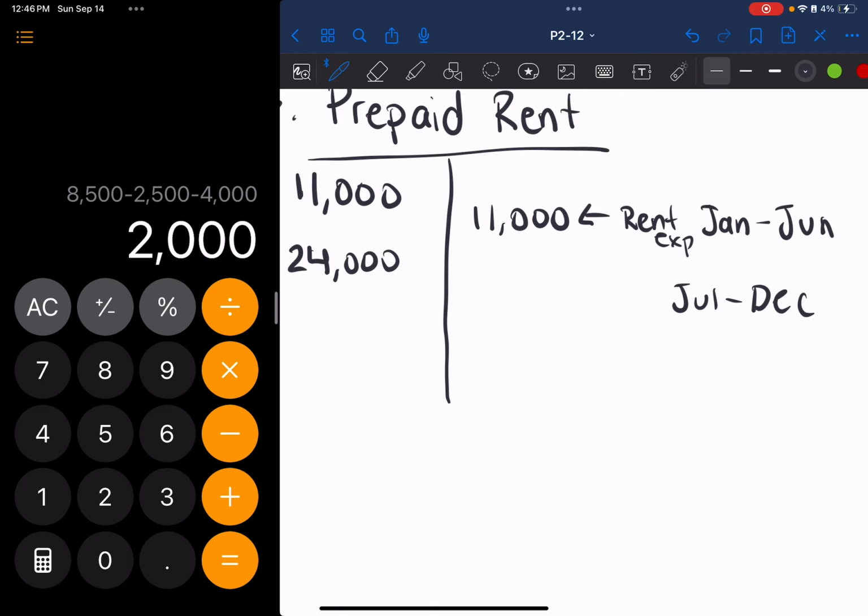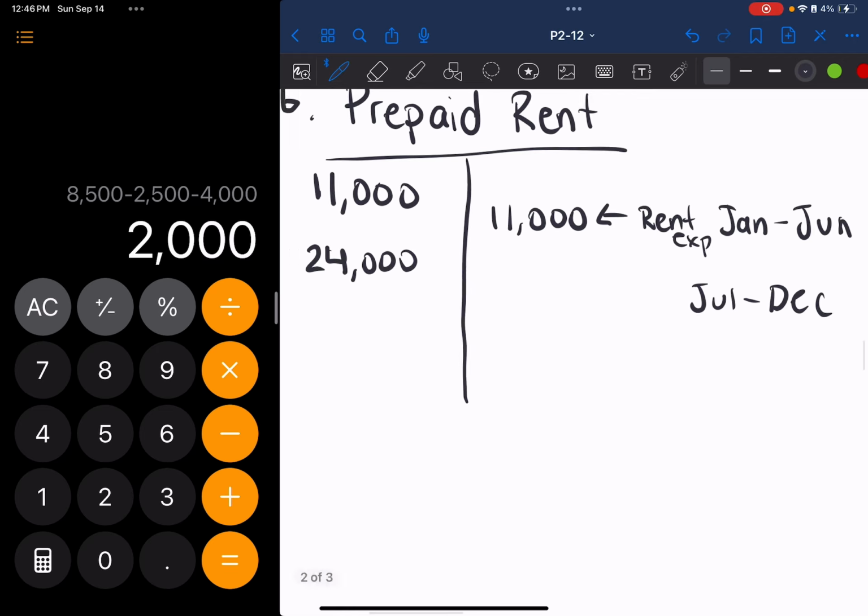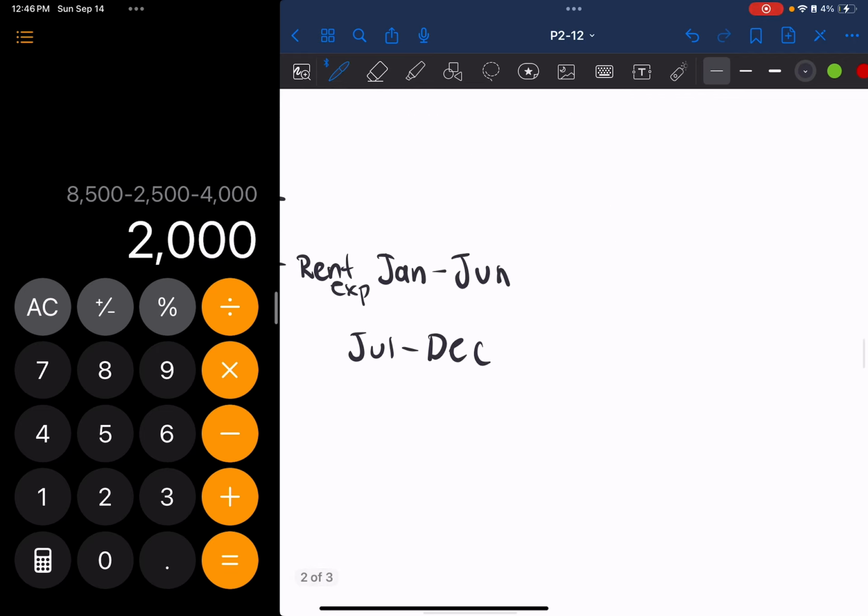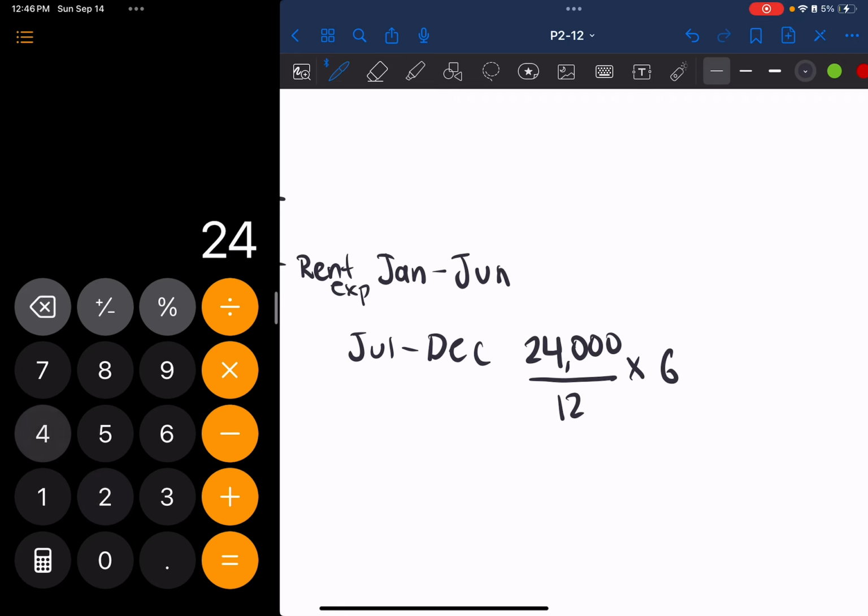And then we have to come up with the amount that will be used for the monthly thing. So there are multiple ways to do this. I usually do 24,000 and then I get it in a monthly rate. And I multiply by the number of months, which will be 6. There's probably easier ways, like some people prefer doing a fraction like 6/12, but I just like getting the monthly rate.